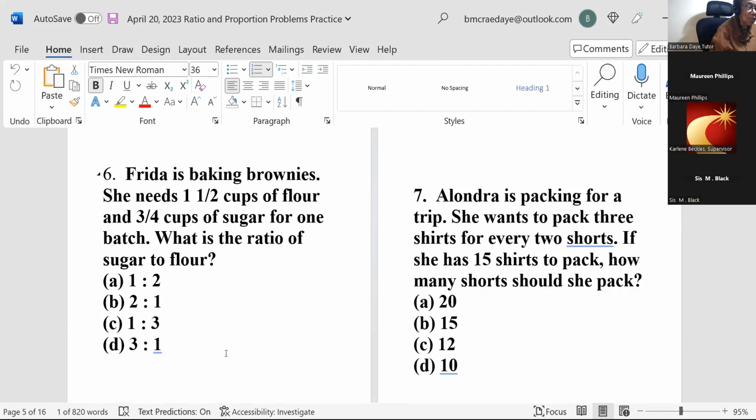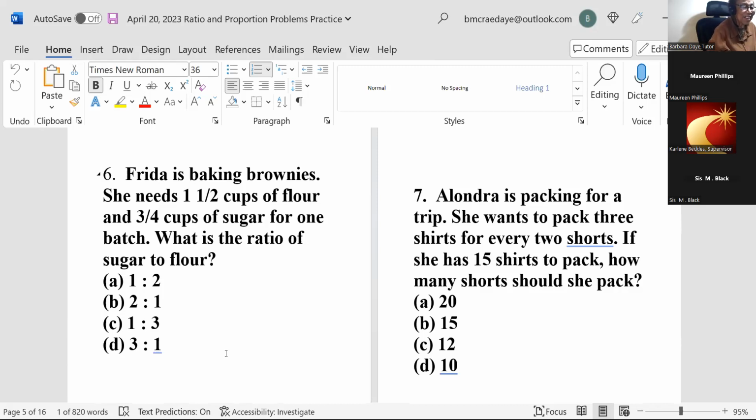Okay, you said B. Squaring it, that's why I'm saying B. What do you have to square? There's no squaring here. Hold on. I mixed up my sugar and the flour. 1.5 cups of flour.